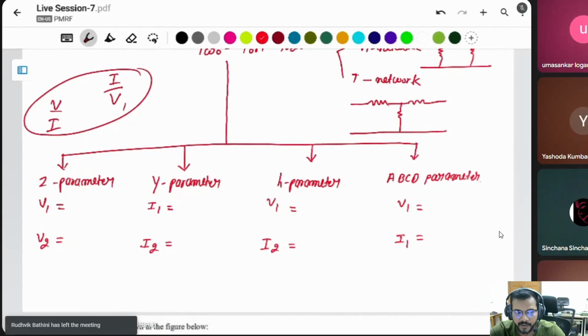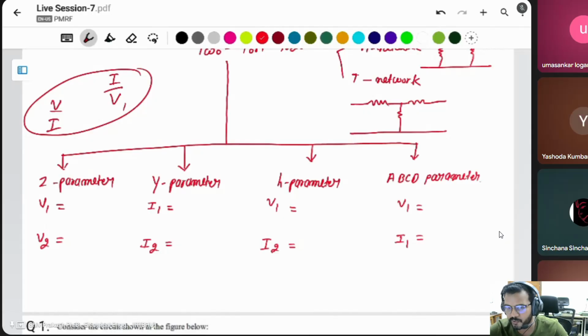Hybrid means V1 and I2. ABCD parameters in a transmission line transmit the power from one port to another port. It means V1 and I1. This was Z11 I1 plus Z12 I2, Z22, Z21 I1.